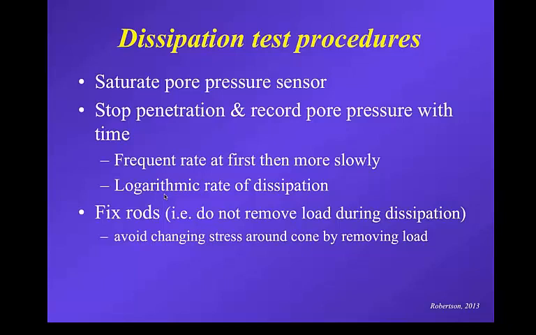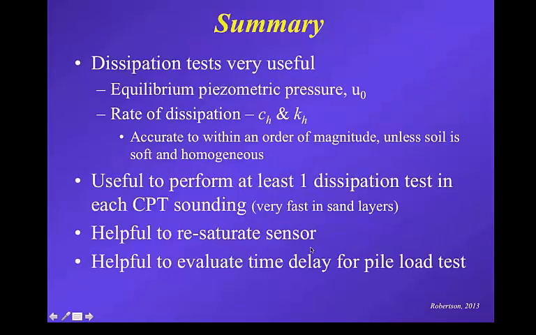So the procedure to generally follow is make sure your pore pressure sensor is saturated. And although I've never really discussed that in detail, because it does vary according to the different manufacturers, so different cone designs have different saturation procedures, so you need to follow the recommendation from the manufacturer.